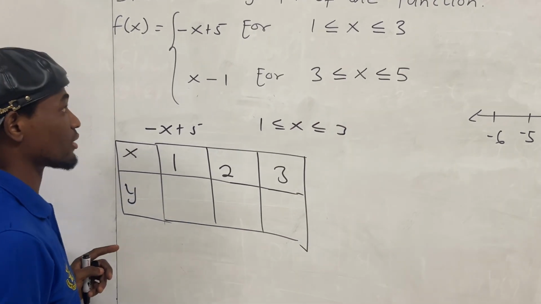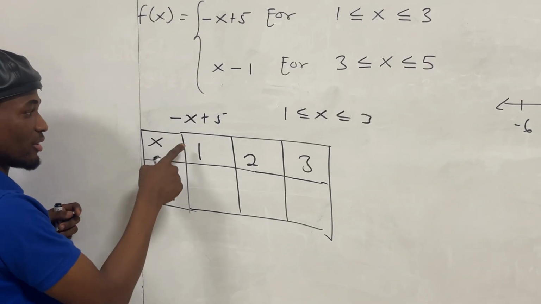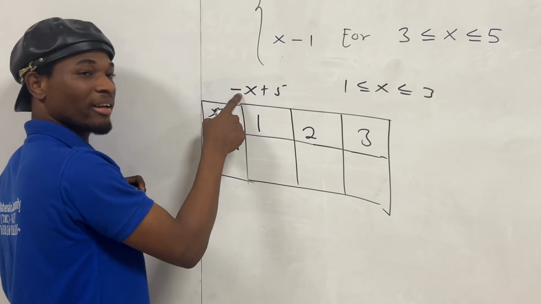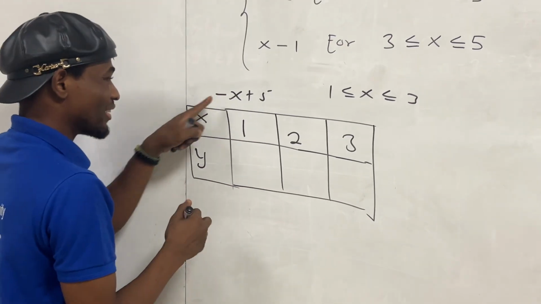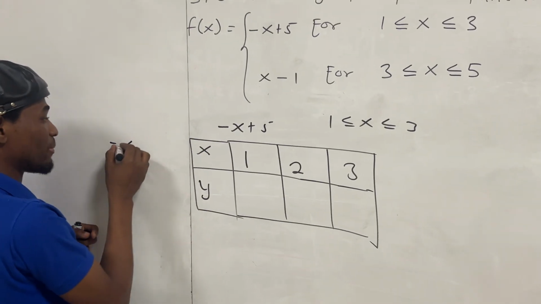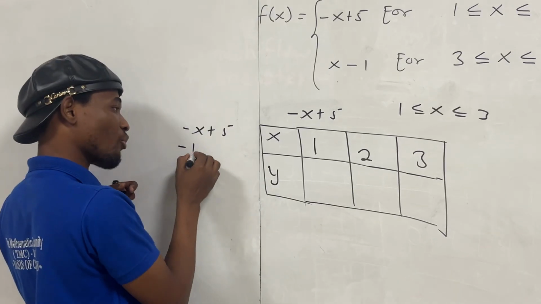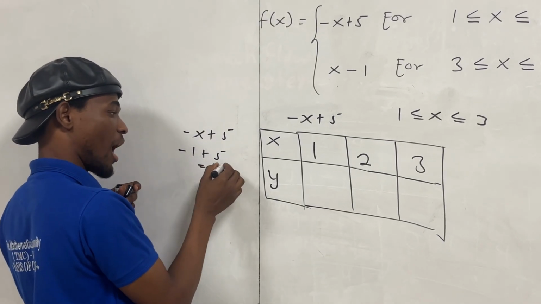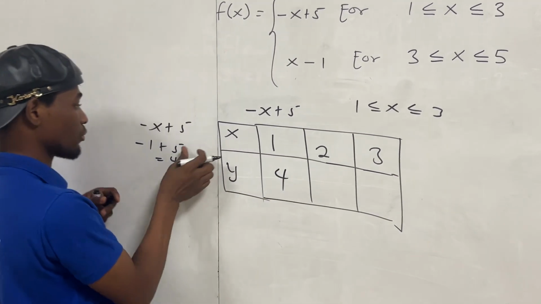So now, whenever I see negative x, I'll put these values inside the function. So I have negative x plus 5, right? So what do I have? x is equal to 1. So I have negative 1 plus 5. What do I have? I have positive 4. So if I have 1 here, I have 4 here.